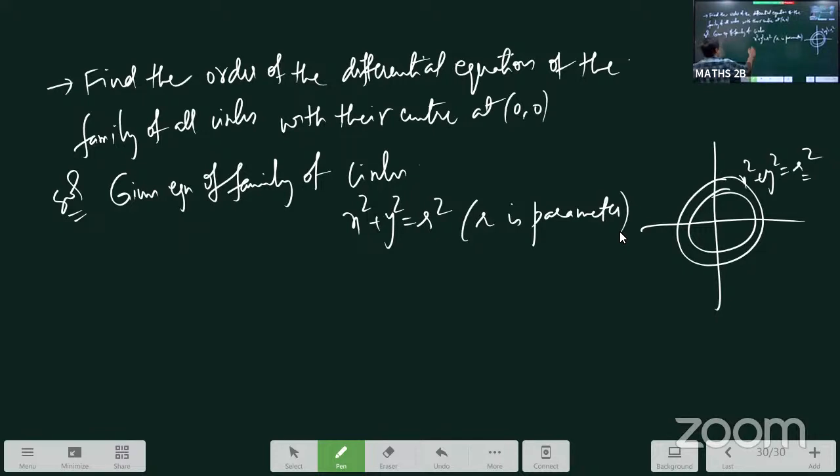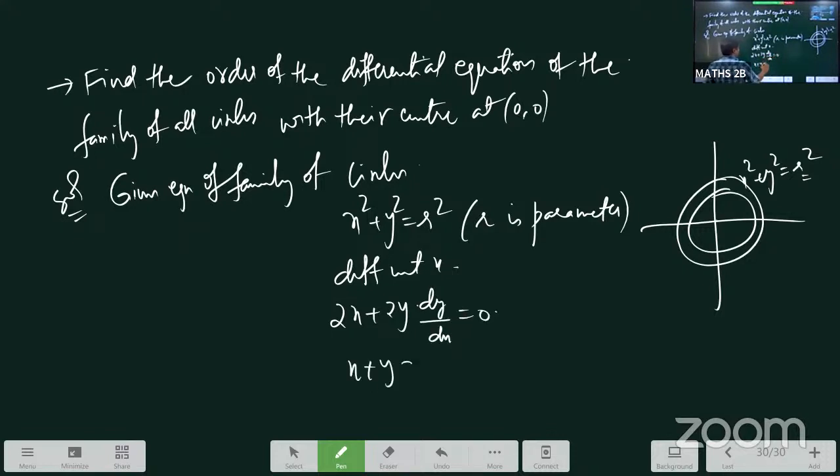Is it clear? Right. So here differentiate with respect to x. 2x plus 2y dy by dx is equal to 0. Means x plus y dy by dx equal to 0. This is your differential equation. So here your order is 1 because only one derivative.